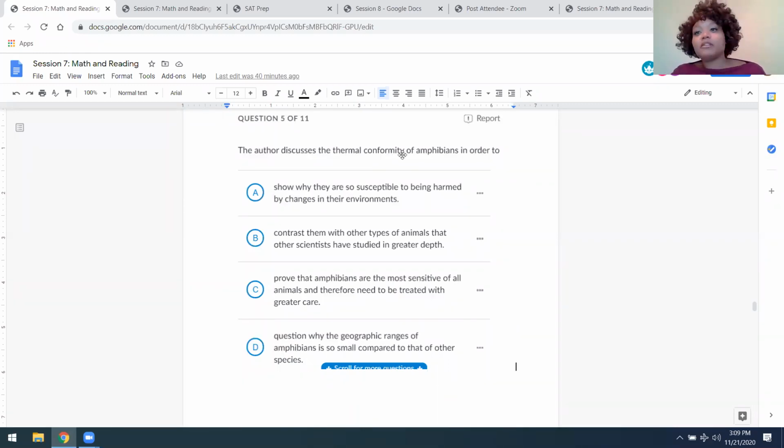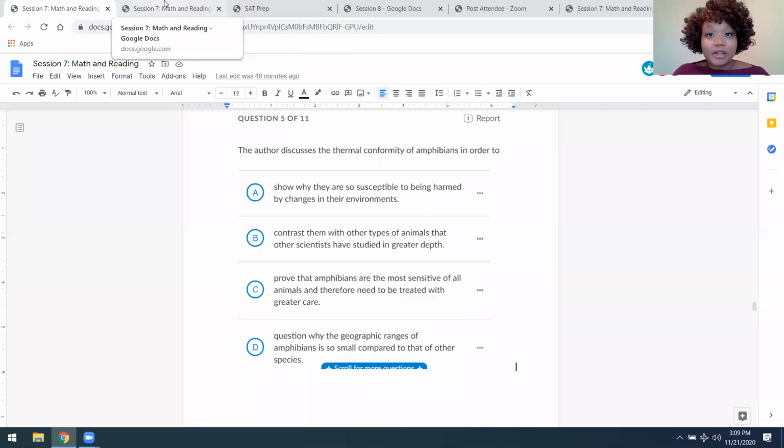So conformity, that might be a difficult word. Conform, you might have heard that in the context of peer pressure. Conform means to change or adapt to something. So thermal conformity, thermal is temperature, conformity is changing, so changing temperature.